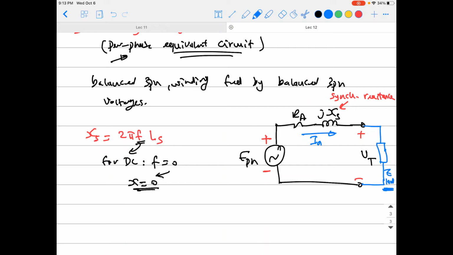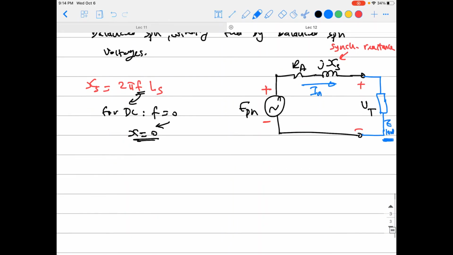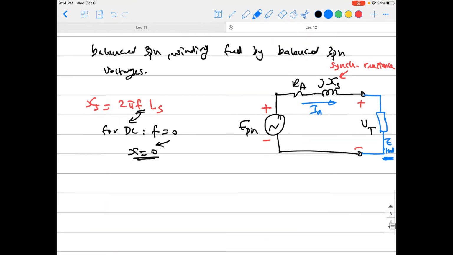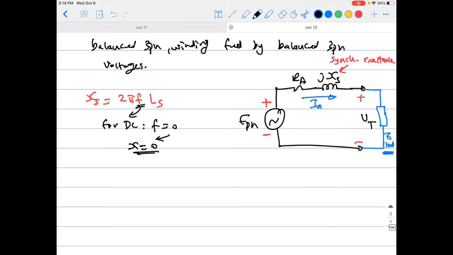It's not like back in DC machines, where you just have a resistance, because again, those are DC quantities. That is the armature per phase equivalent circuit. Keep that in mind.